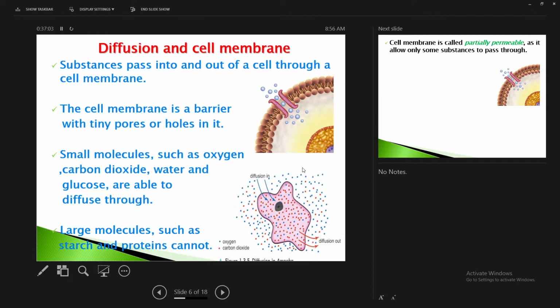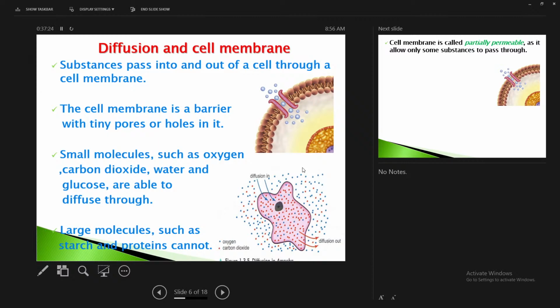Now moving down to the third pointer, they are saying that small molecules such as oxygen, carbon dioxide, water, and glucose are all able to diffuse through the cell membrane.